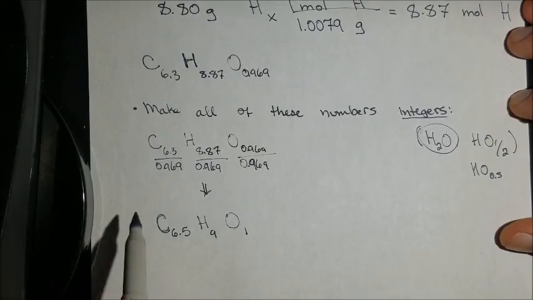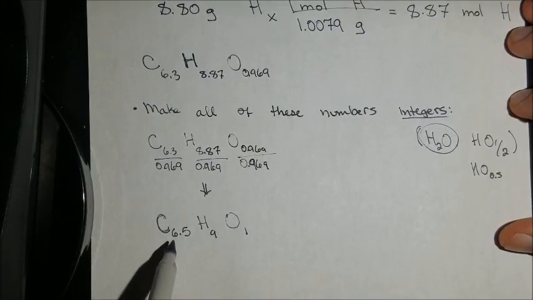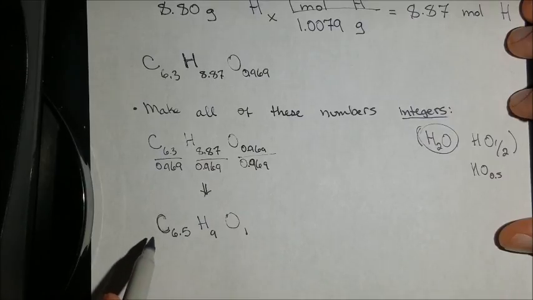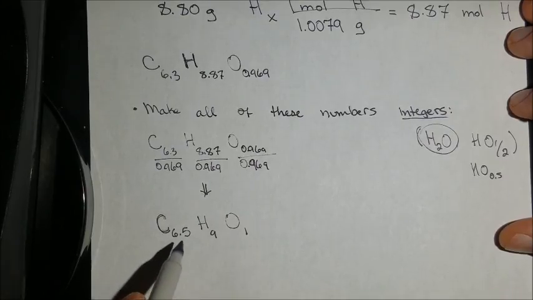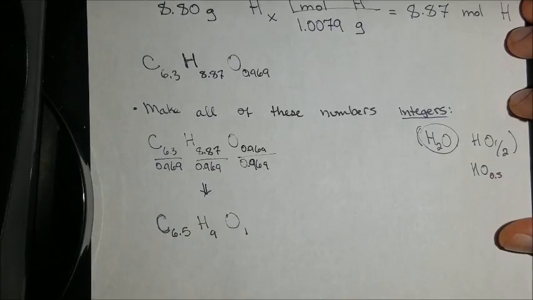So you might say, well, Daniel, I got something very close to 6.5. Why don't you just round that up to 7? Well, the reason is because it's 6.5. This looks an awful lot like something where you could multiply the entire formula by 2 and make this into an integer. Had you rounded this up, it would not have worked as well.